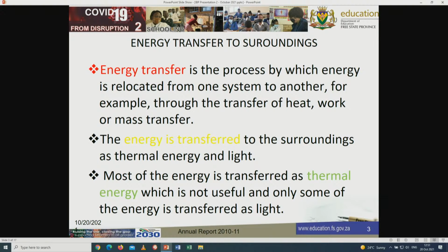And we've got different ways in which energy is released to the environment. And always, whenever energy is released to the environment, that environment where energy is released to immediately becomes hot. It warms up as energy is released to it.